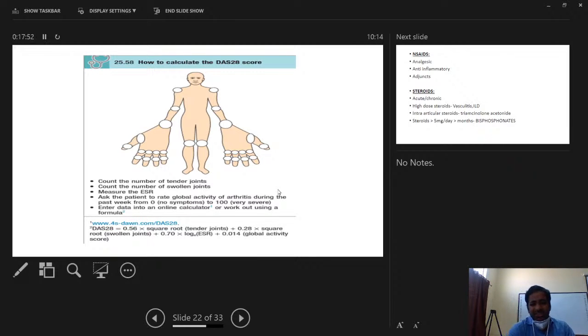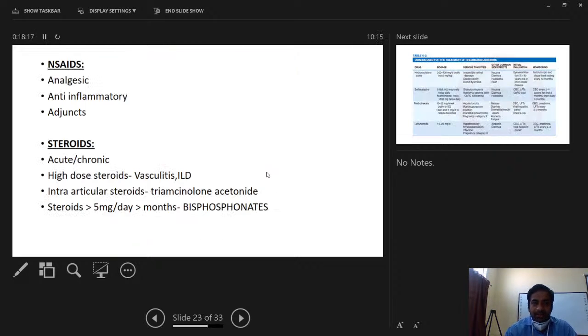If the patient is severe, they can say 100; if very mild, 10 or 5. Then you calculate the score with a calculator: 0.56 times square root of tender joints plus 0.28 times square root of swollen joints plus 0.70 times ln ESR, plus 0.014 times global health. Rheumatologists usually do this to tell the outcome of rheumatoid arthritis.